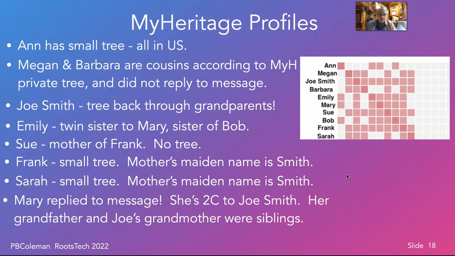Mary also replied to my message, and she told me that she was a second cousin to Joe, that her grandfather and Joe's grandmother were siblings. Well, Joe's grandmother is not going to be on his paternal Smith line, so this indicates there's likely another line that Mary, her twin sister Emily, and her brother Bob all match me on, besides Joe's paternal Smith line.